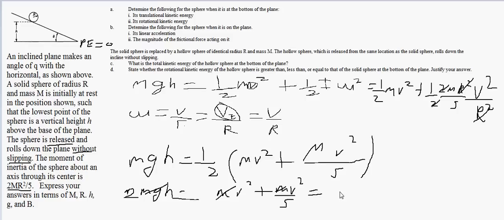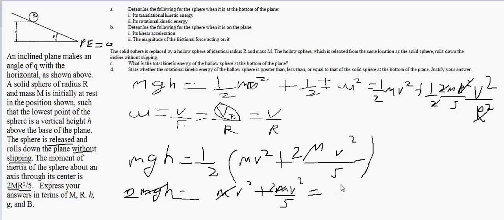I can feel that I did something wrong. Where is my mistake? This is right. This is the inertia. This is the 1/2. Oh, I factored the 1/2, so here you still have the 2. Excuse me. So you cannot eliminate those. You can, but I factored the 1/2, so here you still have a 2.